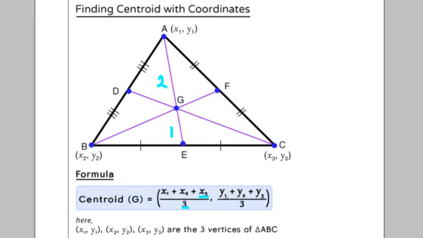Similarly, the y coordinate is y1 plus y2 plus y3 divided by 3. Here (x1, y1), (x2, y2) and (x3, y3) are the vertices of the triangle. So this is also very easy for finding the centroid of a triangle.